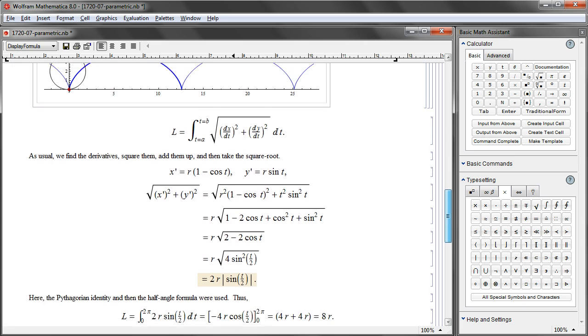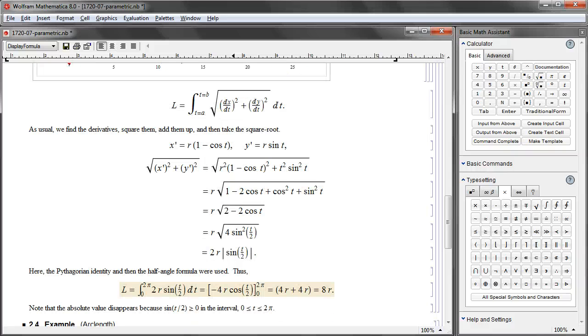The result? The integrand becomes 2r times sine of half of t, and we don't need the absolute value sign. All you have to do is apply the antiderivative formula here, and then apply the fundamental theorem. Plug in 2 pi and then plug in 0, subtract one from the other, we get 8 times r.